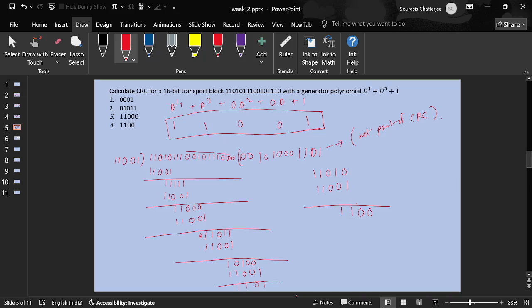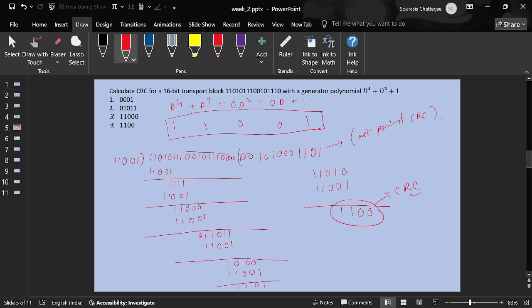So this is what I am having as a remainder. So this is going to be my CRC, and I am going to append this after the transport block.